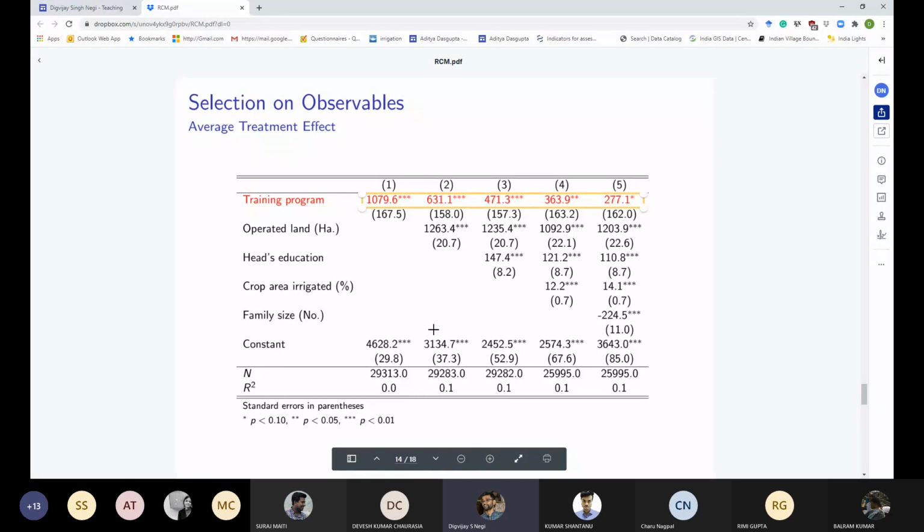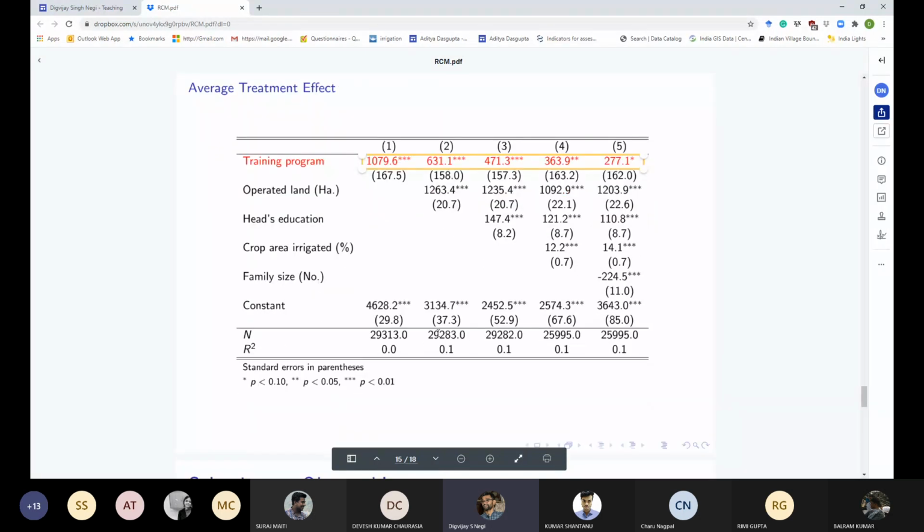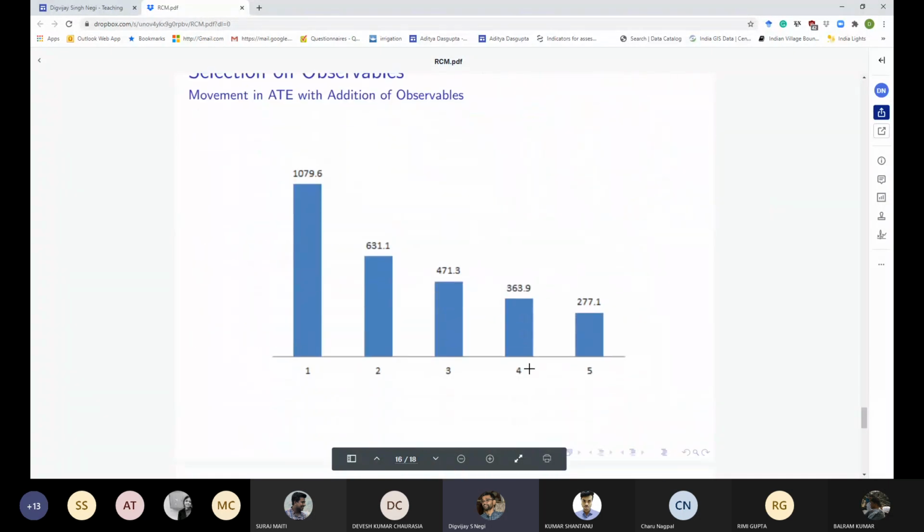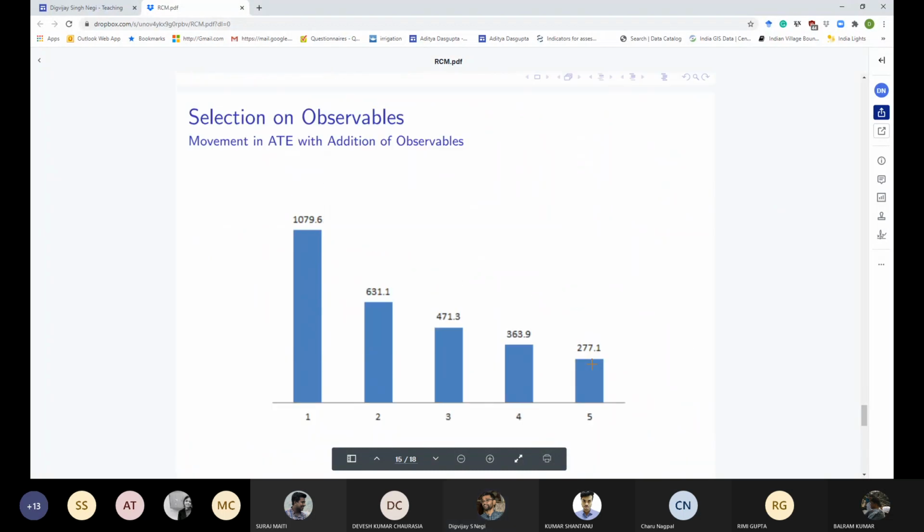Yes, right. And in the next slide I plot this coefficient across these 5 specifications. Here are those deltas, and notice the decline in the difference between people who attended the training program and people who didn't as you add other observed variables.